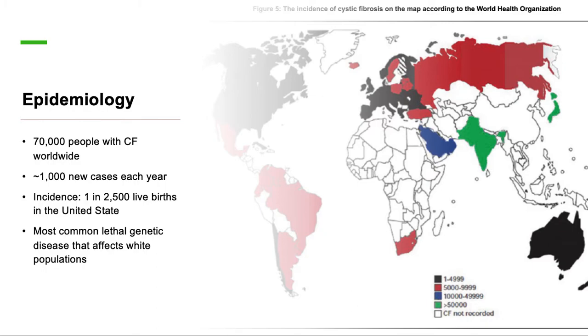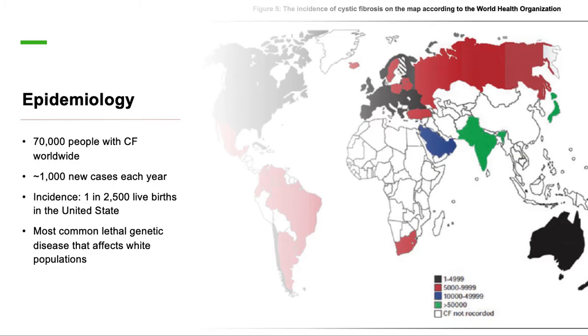Overall, there are more than 70,000 people living with cystic fibrosis worldwide. Approximately 1,000 new cases are diagnosed each year. More than 75% of the people with cystic fibrosis are diagnosed by age 2. With an incidence of 1 in 2,500 live births in the United States, cystic fibrosis is the most common lethal genetic disease that affects the white population.